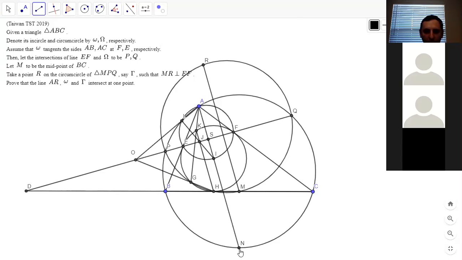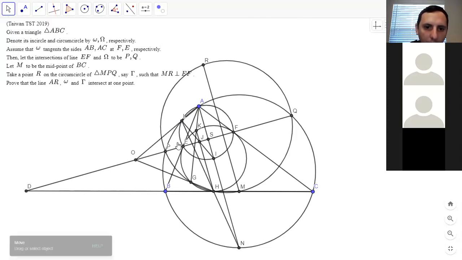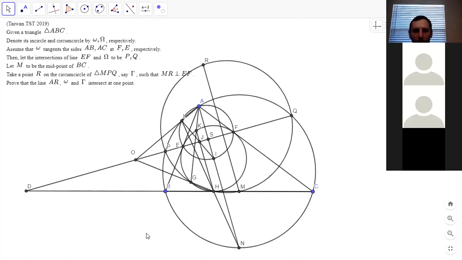And then by Sharkey-Dorn stuff, we know that L, H, and N are collinear. And MR is parallel to AN. So to show that K, A, and R are collinear, can we use the parallelism somehow?